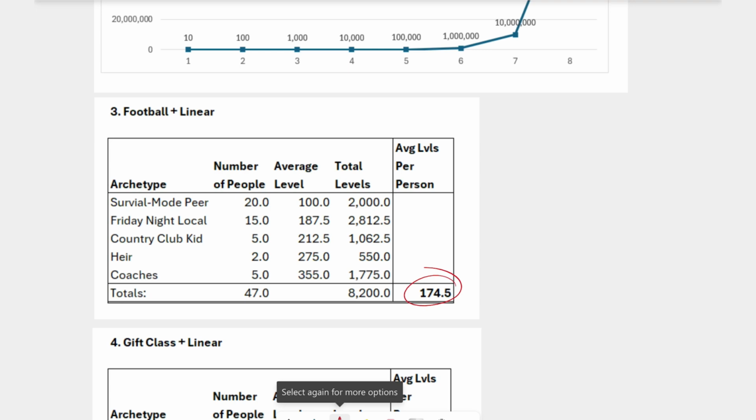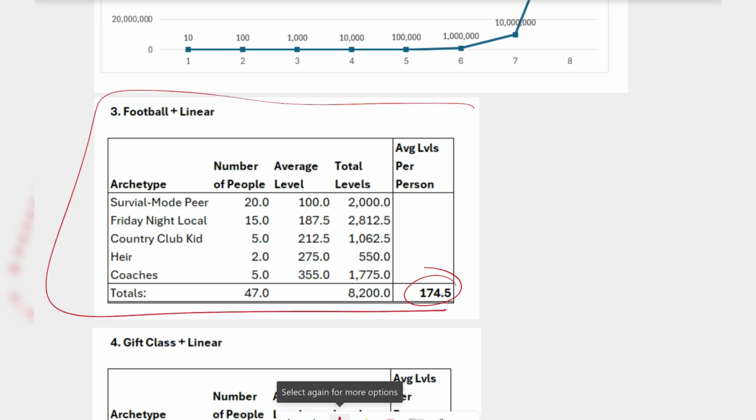And again, this is a linear representation, and it's also quite crude. We're going to add on to these concepts and expand upon them in the high school video and fully go in depth at how you, if you're a survival mode kid, if you're Friday Night Local, can ascend to even higher than this 174 average.